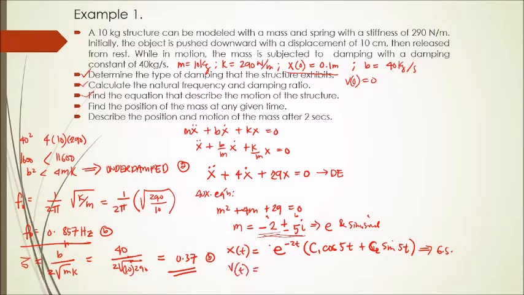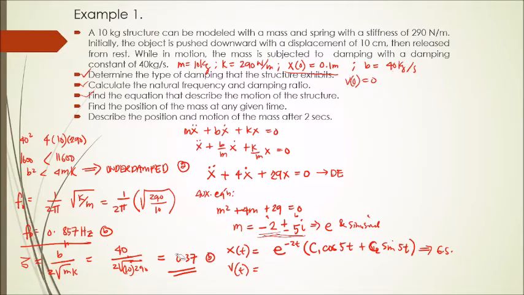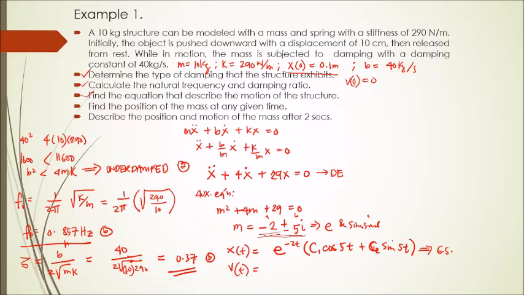This is equal to e negative. But the final answer here, imura man siyang i-derive. The v of t here is equal to, just directly I will answer, no?